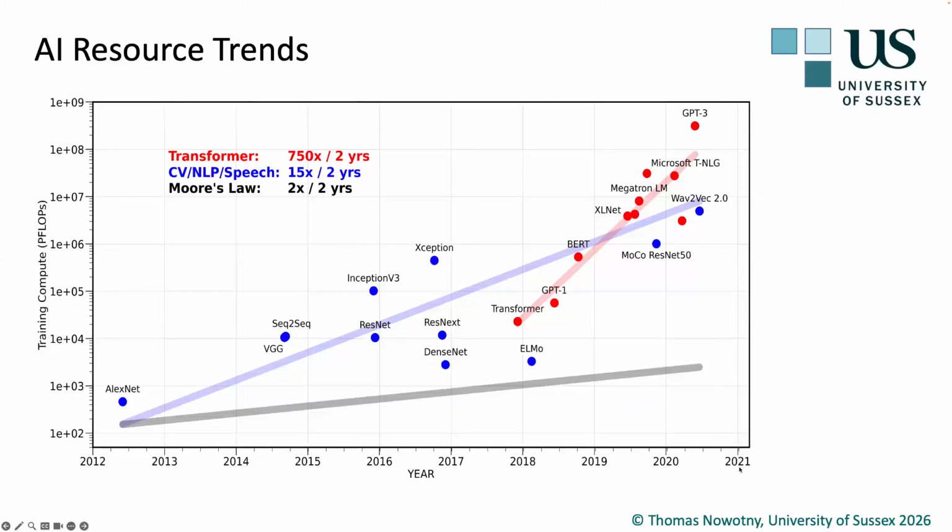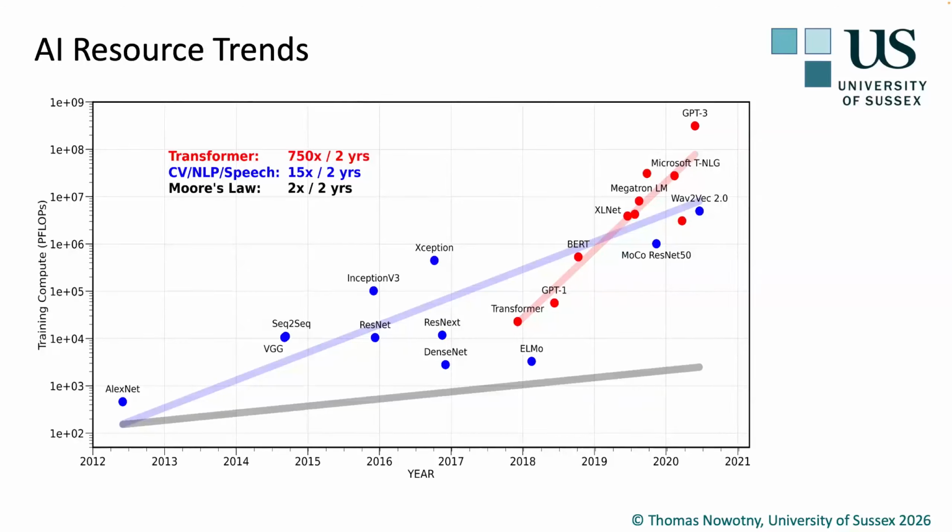It only gets to 2021, but you still see the trend, and this hasn't changed. Basically, these new models that have taken AI to be so powerful, the transformer architectures, increase in size in terms of compute 750 times every 2 years. That's a crazy amount of energy that eventually is being used.